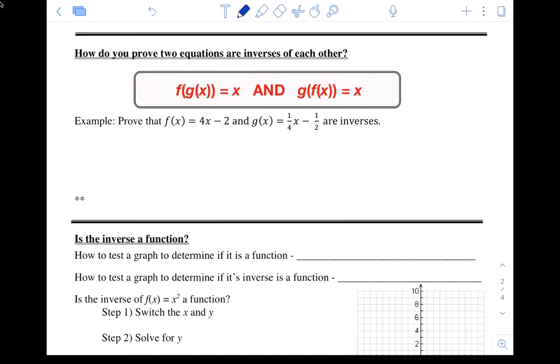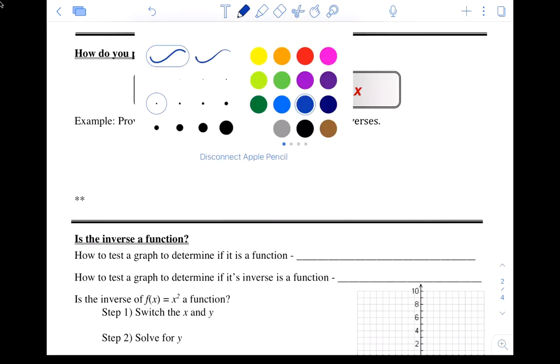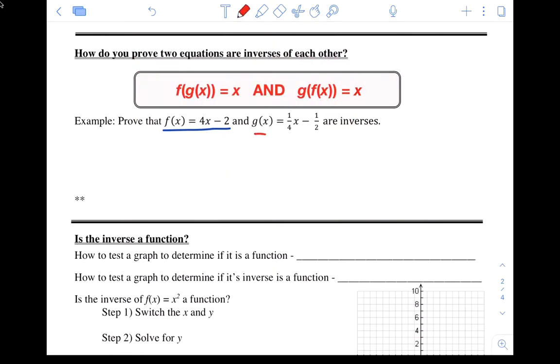So, prove that f of x, 4x minus 2, and g of x, a fourth x minus 1/2, are inverses of each other. They may or may not be. You don't know until you actually do this process. Let's do it. Now, I'm going to keep color coding for clarity. I'm going to make f of x blue and g of x red.